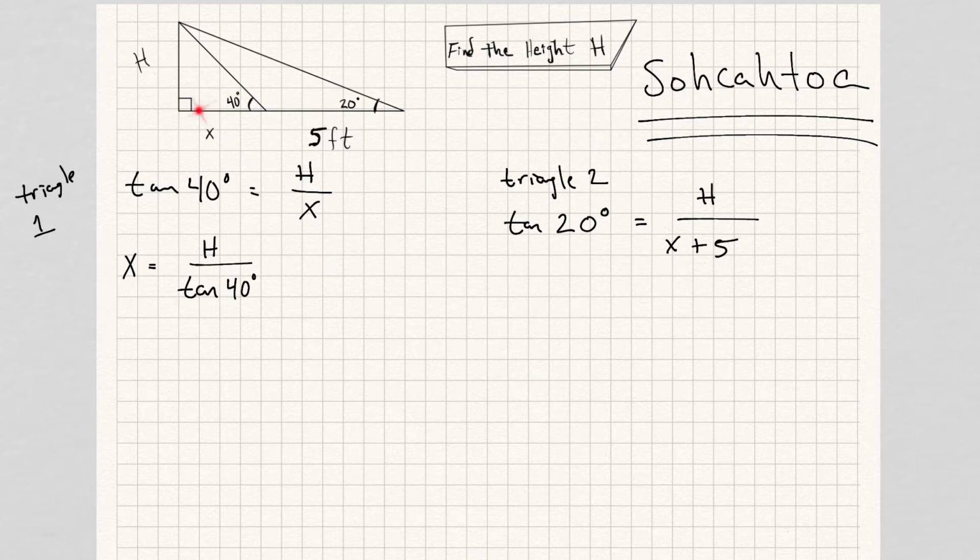Remember, our whole adjacent side is both this segment and this segment, so we're going to call that x plus 5. Now we're going to switch these across the equal sign, just doing your algebra. So now we have x plus 5 equals h divided by tangent 20.